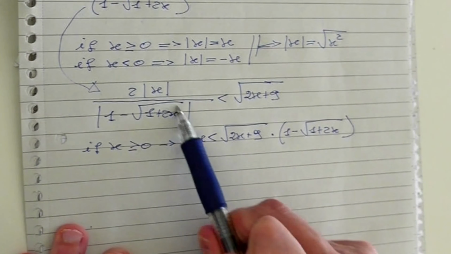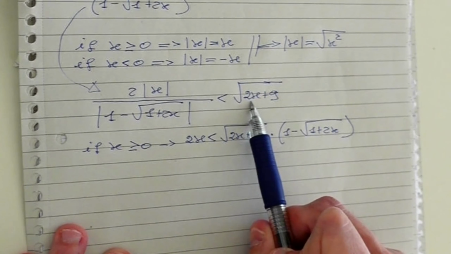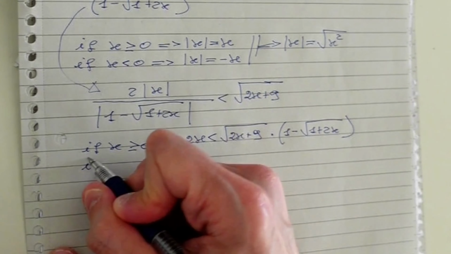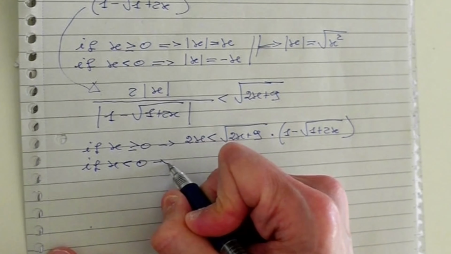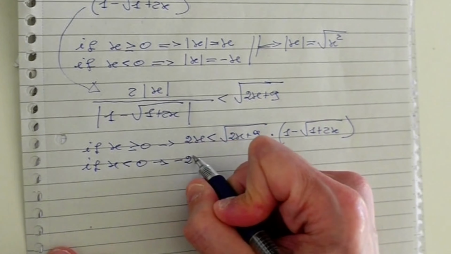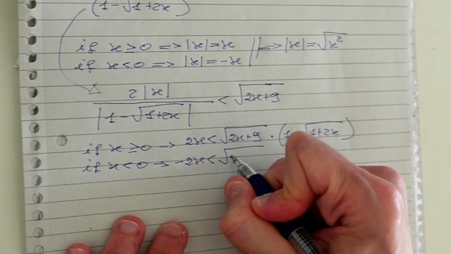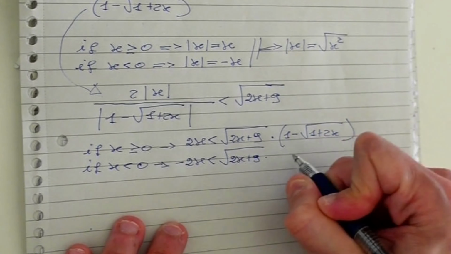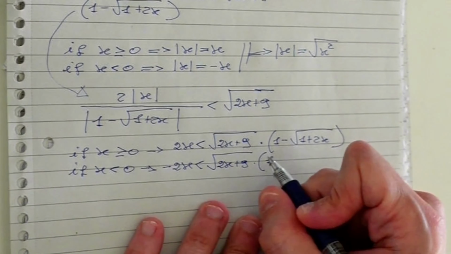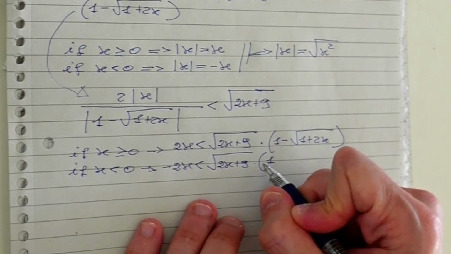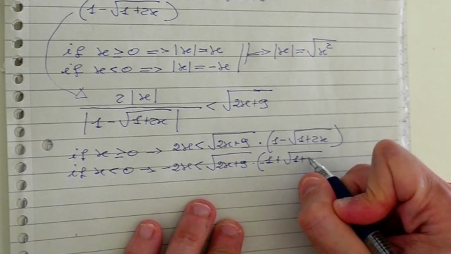Basically, the denominator multiplies the right-hand side of this inequality. And likewise, if x is less than 0, this implies that minus 2x is less than square root of 2x plus 9 multiplied again. In this case it's different, so we have minus 1 plus square root of 1 plus 2x.